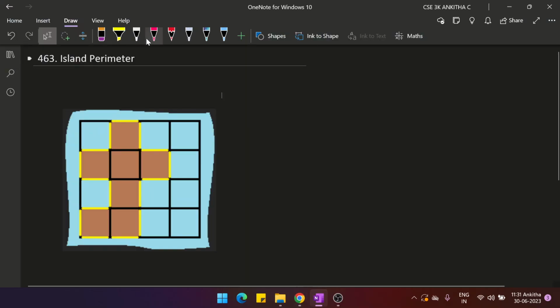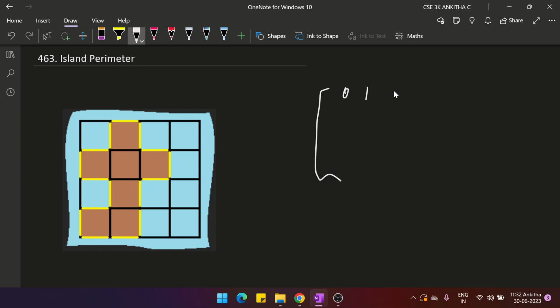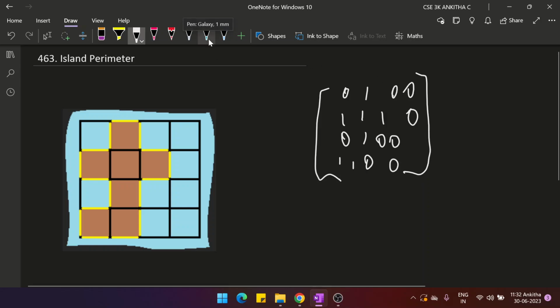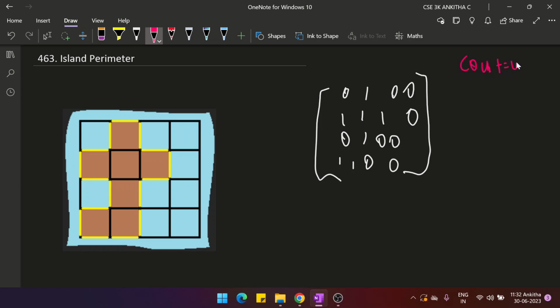Now, how do we calculate the perimeter? So this is 0, 1, 0, 0, then 1, 1, 1, 0, then 0, 1, 0, 0, and at last 1, 1, 0, 0. How do you calculate the perimeter of the island? We will have a variable called count to calculate the perimeter, count equal to 0 initially. As you know, in a matrix we usually run for loops.